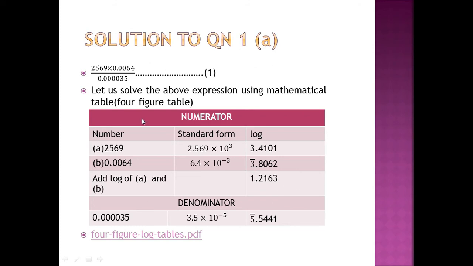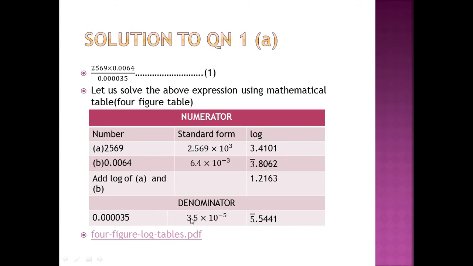Then we go to find the value of the denominator, which is going to be 0.000035, that is 3.5 times 10 exponent negative 5, which is going to be bar 5 point.